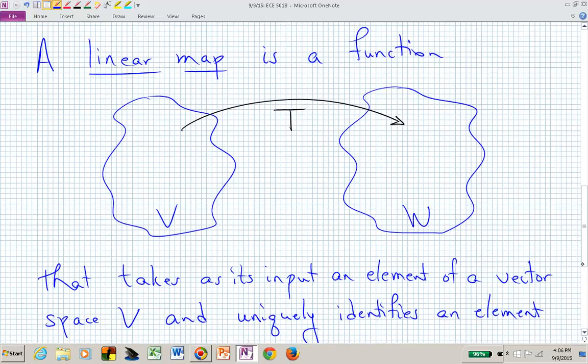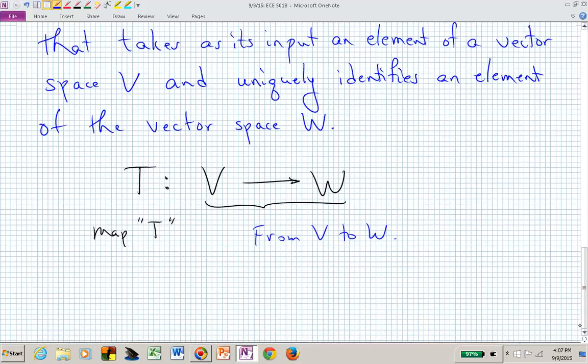The picture then is we have some underlying vector space that we're considering our input vector space. We have this linear map that then takes us into another vector space that may be the same or it may be different, and it uniquely maps an input element into an element in the output vector space.